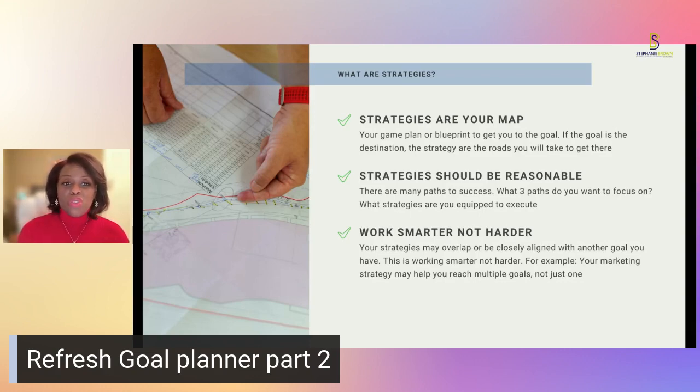The other thing about strategies is that you can work smarter, not harder. Your strategies may overlap from one goal to another goal. For example, if you have an online business and you have 2 goals in your online business, your marketing strategy may be the same for both of those goals. Remember, smarter, not harder.